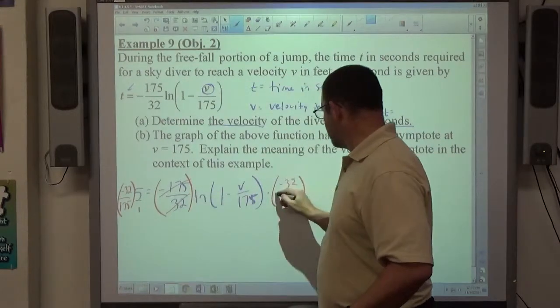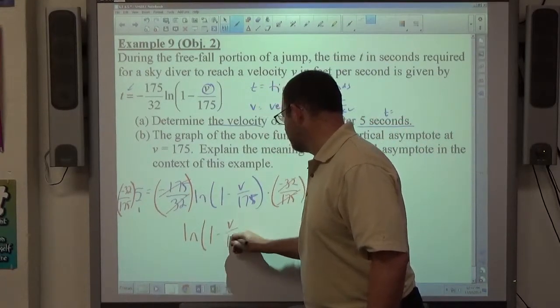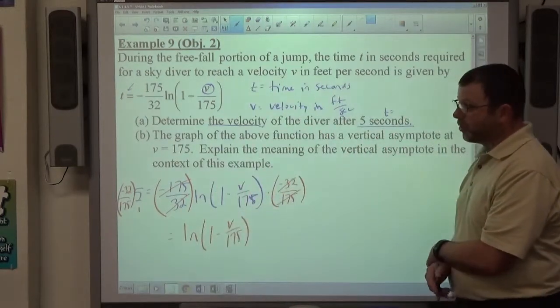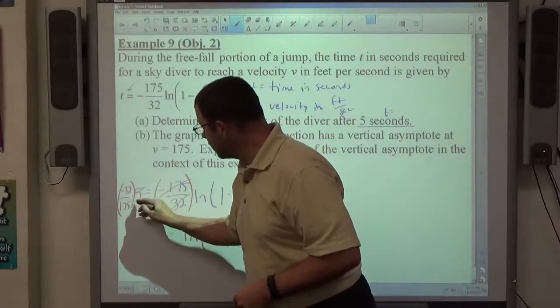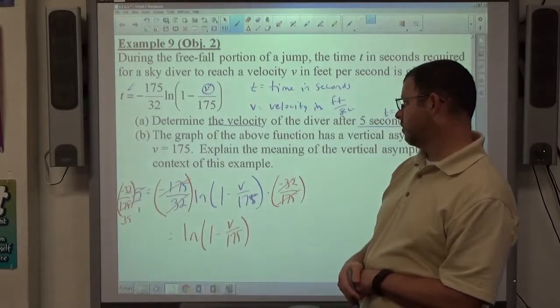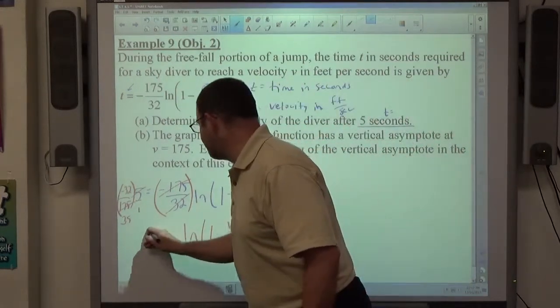This cancels this, leaving me with 1 ln of 1 minus v over 175. Over on the other side, 5 goes into 175, let's see, 35 times, I think. Yeah, sounds right, 35. So negative 32 over 35.